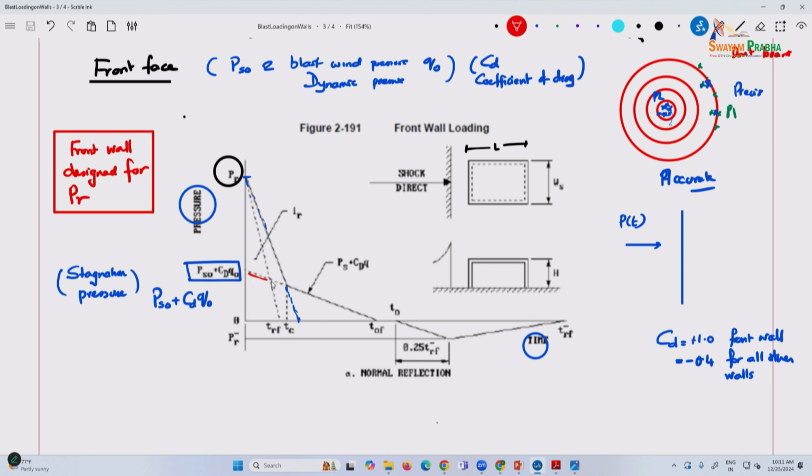So that is the blue line. This is the red line. The drag also has an equation, and you will see the TOF that we calculated. The drag stagnation pressure goes to 0 over the load TOF.